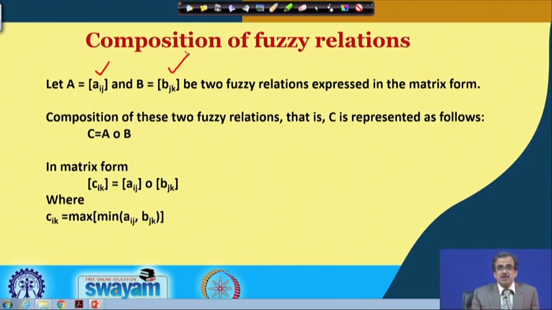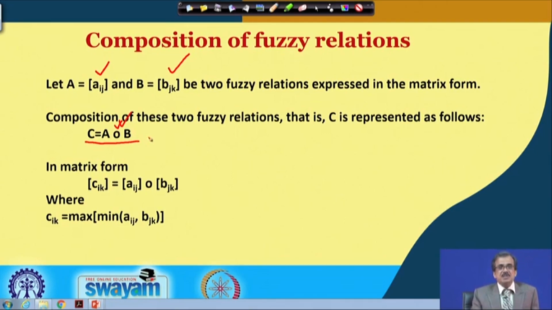Now how do we find the composition of these two fuzzy relations? The composition, denoted by C, is A composition B, and this symbol indicates the composition. So C is A composition B.